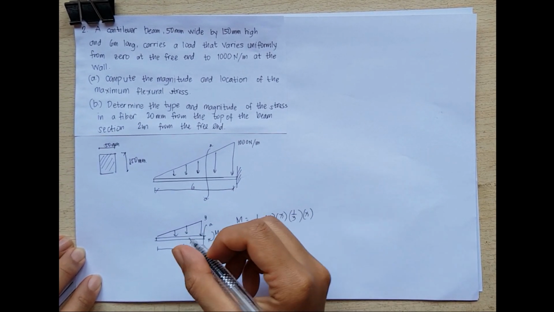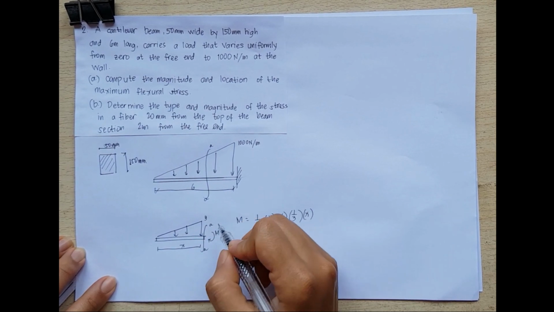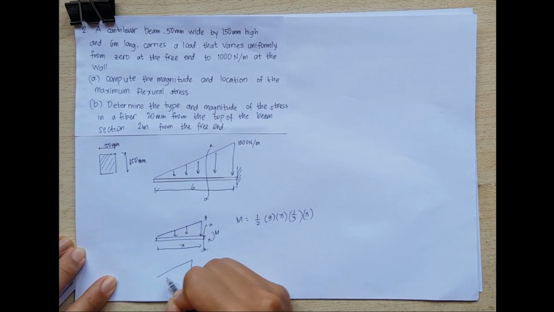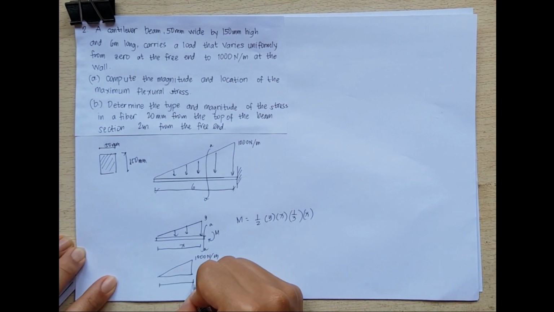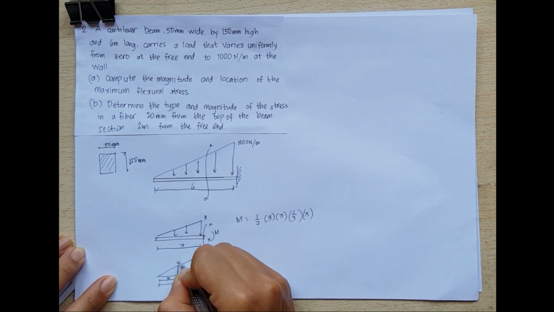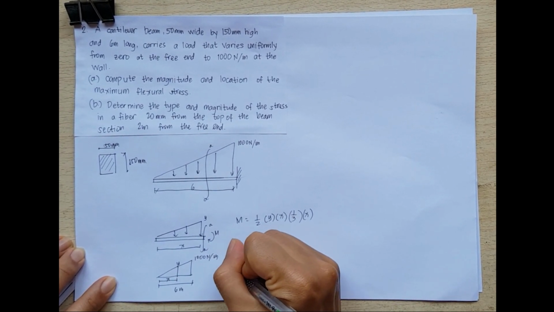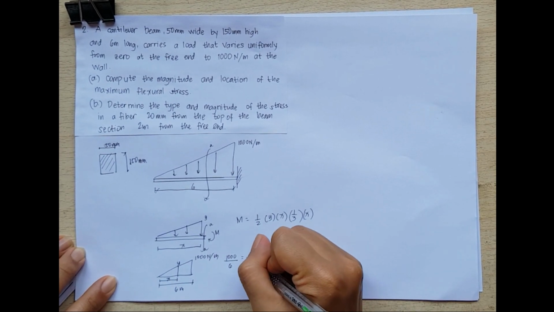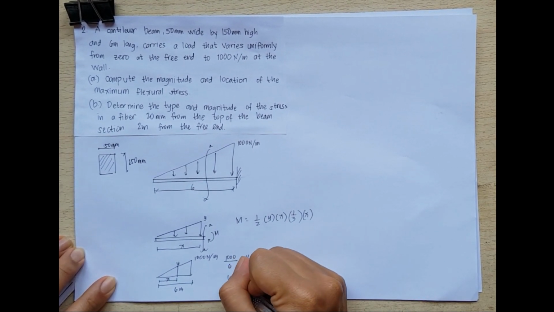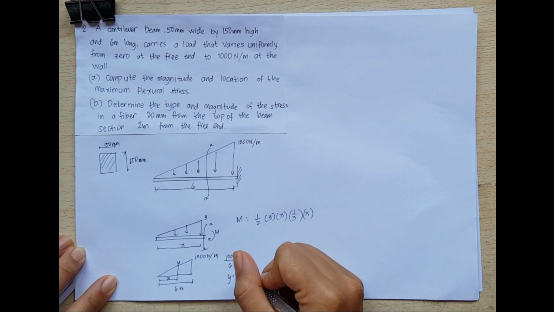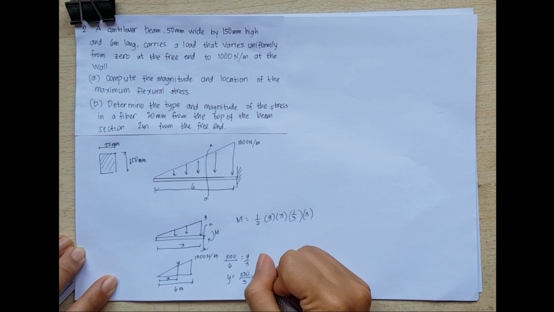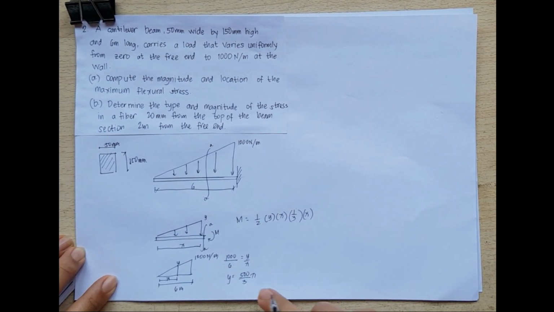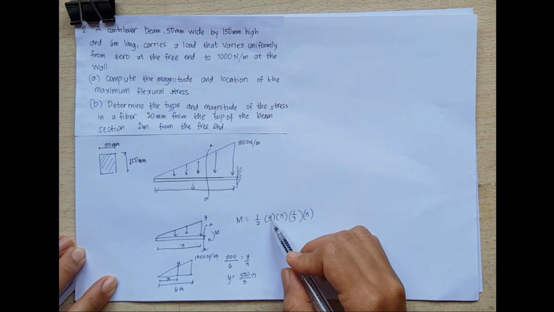So yung Y natin by using a ratio and proportion. So we have here yung 1,000 Newton per meter and this is 6 meters. So kunwari ito yung x and ito yung y. So 1,000 all over 6 is equal to y all over x. Therefore, y is equal to 500 all over 3 x. So, substitute natin yung y at this part.